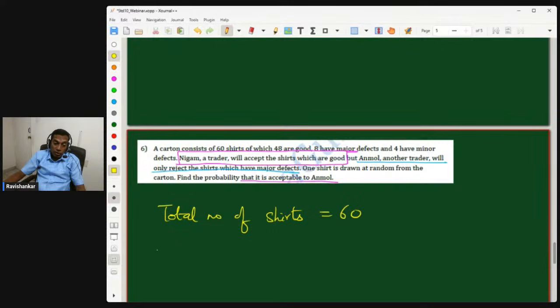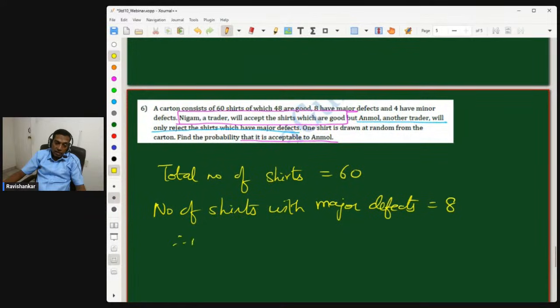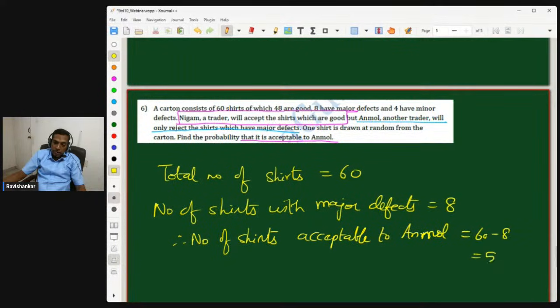Number of shirts with major defects is 8. Therefore, number of shirts acceptable to Anmol is 60 minus 8, which is 52.